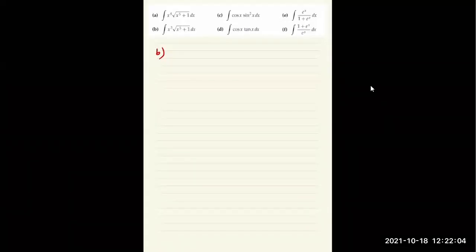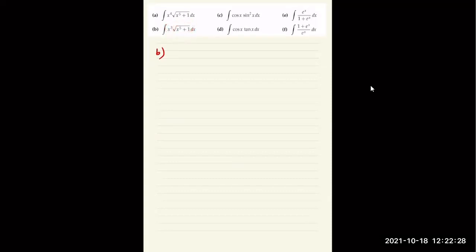If you look at part B, if you take this function to be u of x, the derivative of that function would be 5 times x to the power 4. It doesn't give x to the power 3. So that means in this case, the derivative is not sitting by the side. So even if you take this to be u of x, again, you will see that this is not going to be the derivative of that one.